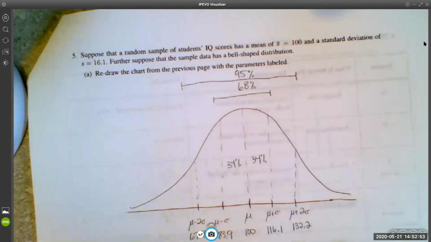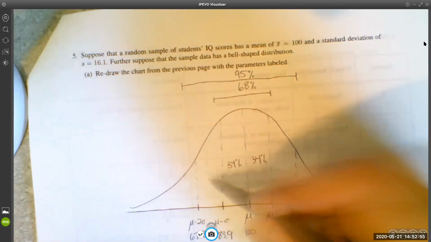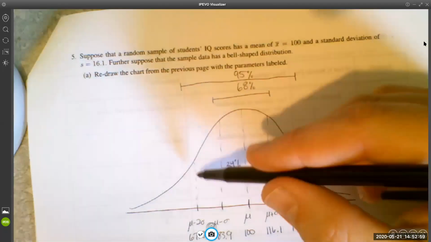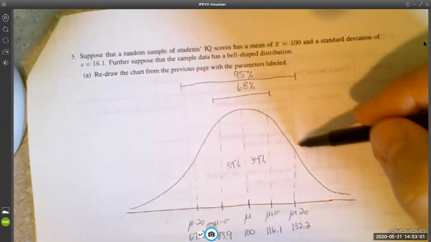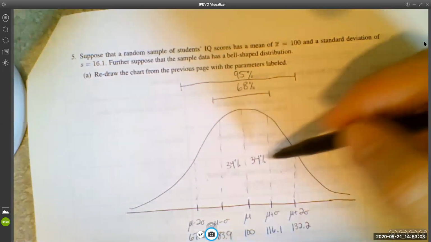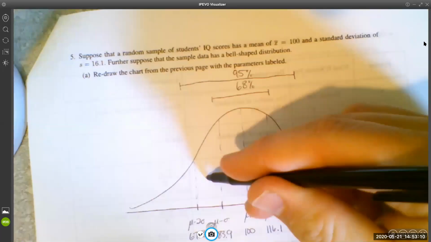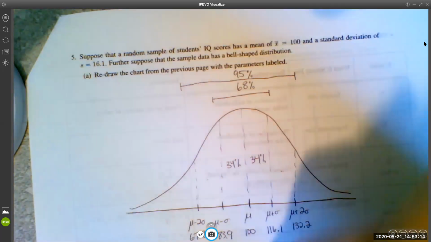Now, if you want to figure out exactly how much of that is here and how much of that is here, well, you can say, I know that 95% is between these two fences, but 68% of it is already accounted for here in the center. So in these two spaces, I must have 95 minus 68. That's 27% of my data.